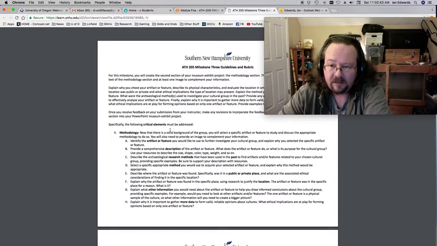So these critical elements, these specific aspects, are really where I'm going to be focusing in on. And you will see, after you've read the prompt here, that all of these points are really extensions of these main questions. I would suggest you use this prompt, these headings, to structure your document.